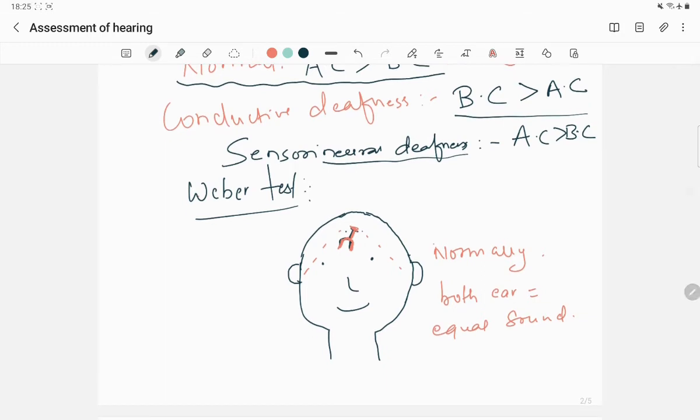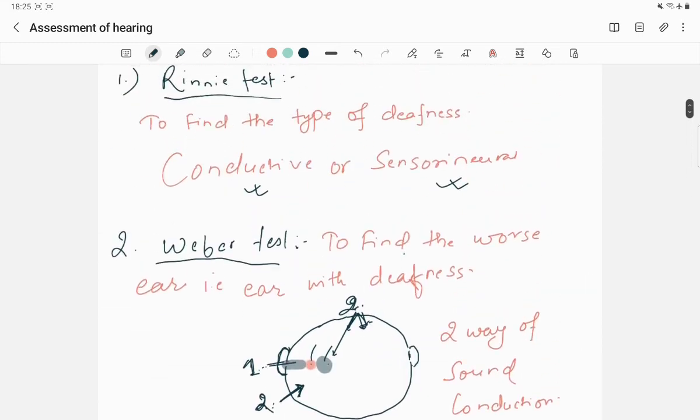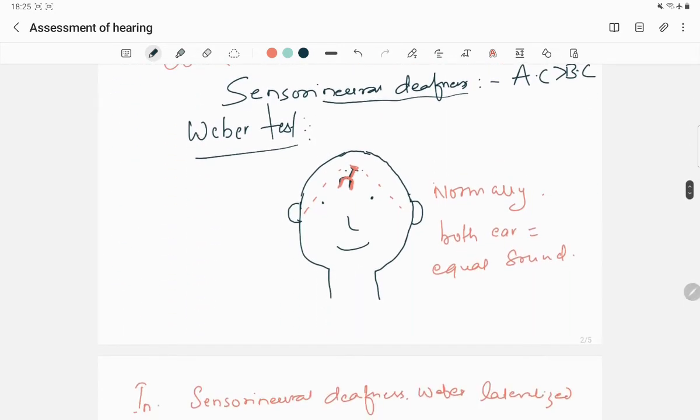Now, Weber test. Why is Weber test used? I already told you. Weber test is to find the worse ear with deafness. Okay, so Rinne test for the type of deafness, Weber test to find the worse ear. So, a vibrating tuning fork is placed on the forehead and the sound travels via skull bone directly to the cochlea and to its cochlear nerve.